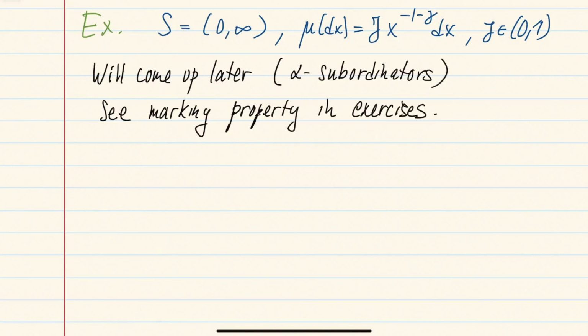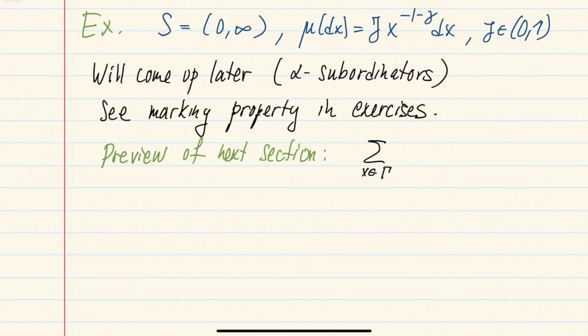Now what we'll do here instead is a sort of a preview of the next section. Okay, so in the next section we will consider the sums over Poisson processes, where you take all points in this random set and you sum some function of this set.